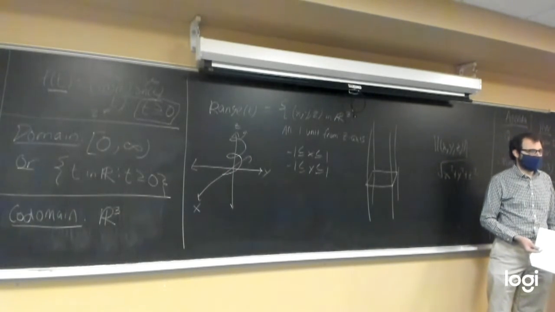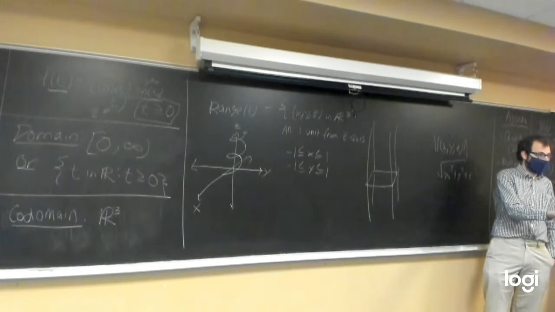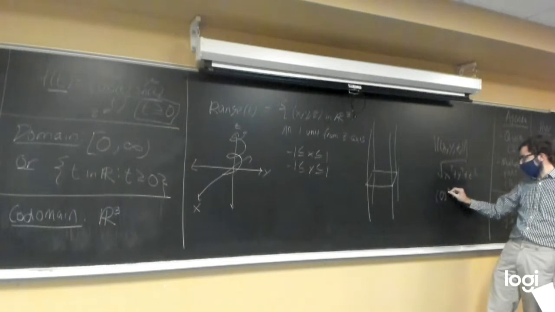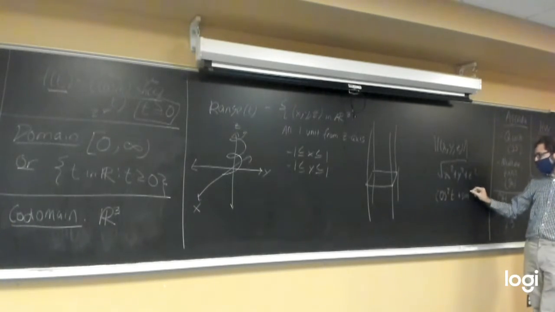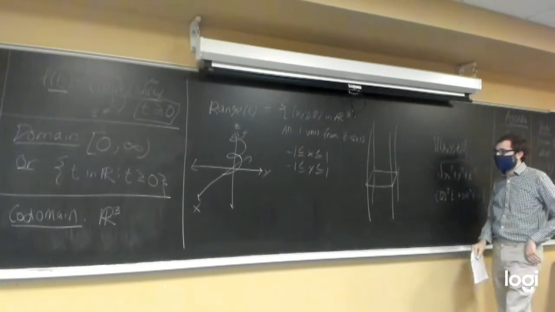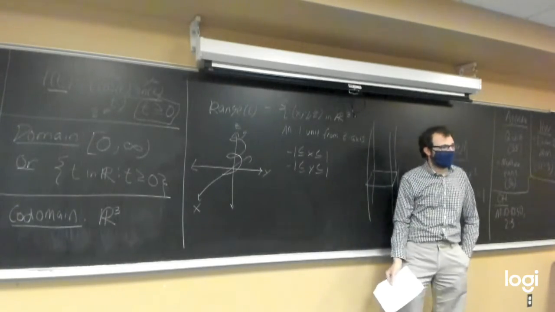Anybody remember what that is? Cosine squared plus sine squared equals 1. Yeah, we know that cosine squared t plus sine squared t has to be equal to 1, no matter what you plug in for t. So how can we make that a relationship about x, y, and z here?